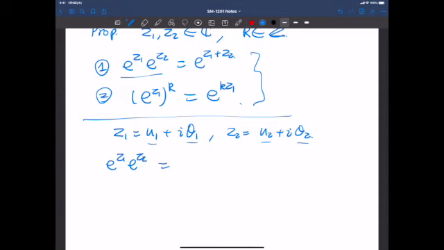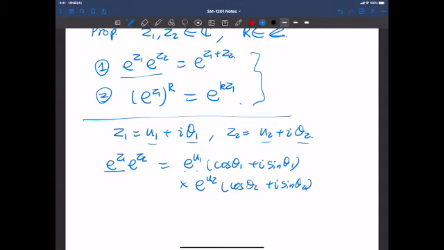By definition, e to the power of z1 is e to the power of u1, which is a real function, times cosine theta 1 plus i sine theta 1, and times e to the power of u2 times cosine theta 2 plus i sine theta 2.